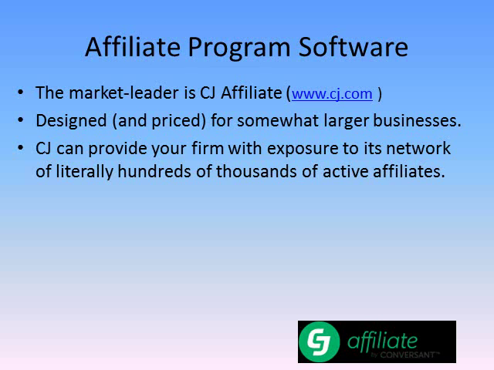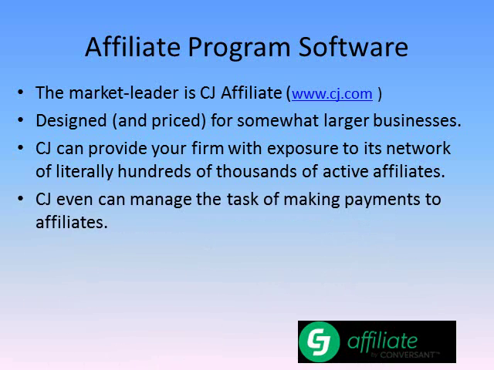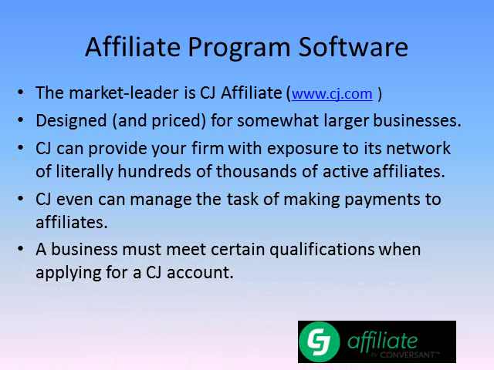In other words, it can find affiliates for your business. And it can even manage the task of making payments to affiliates. So it's a very useful affiliate management program.